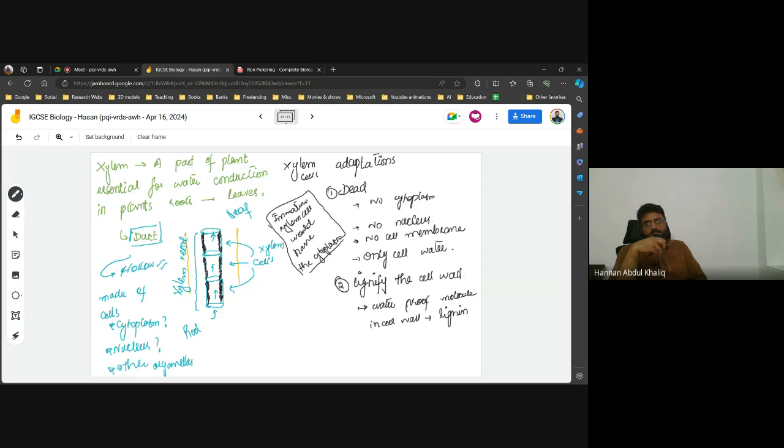Number three thing that you would find is that they are elongated in shape. They are not like other cells, they are very much elongated so that they can shape a duct. So these three major changes appear inside the xylem cells to perform their tasks.